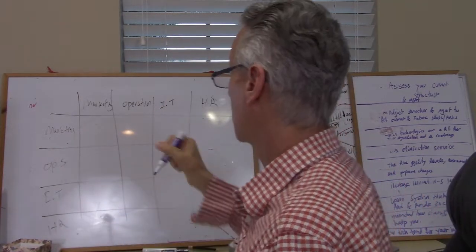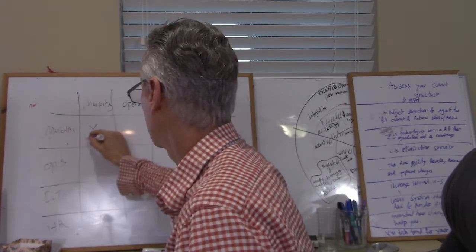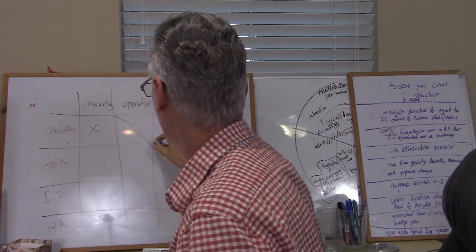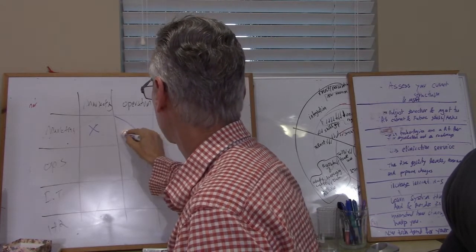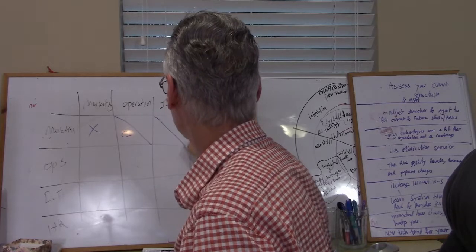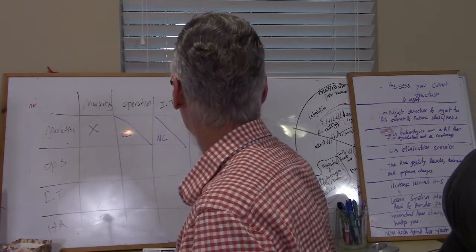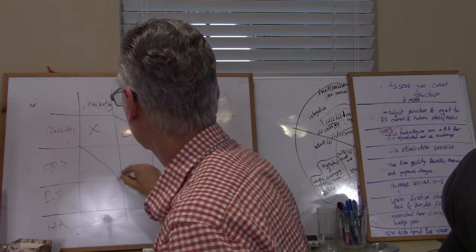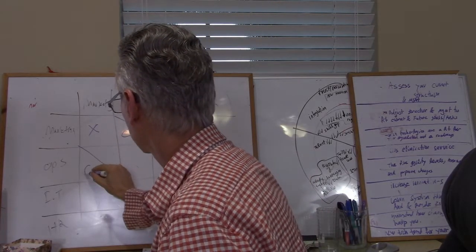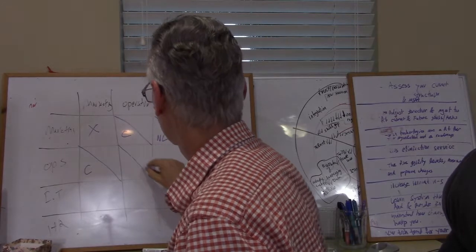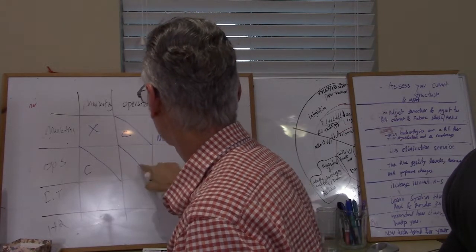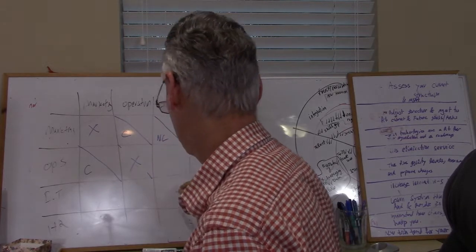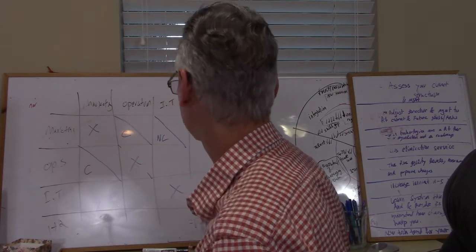So let's say that marketing to marketing is irrelevant, but marketing to operation, they see themselves as cooperative, and marketing to IT non-cooperative, and marketing to HR cooperative, and ops to marketing cooperative, and ops to ops, not relevant.